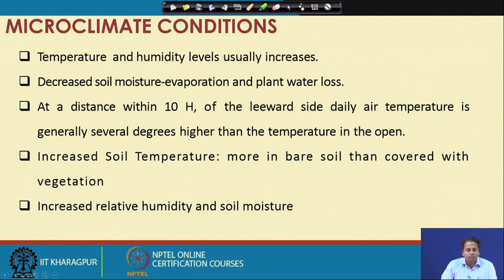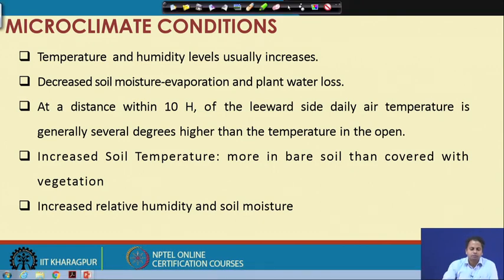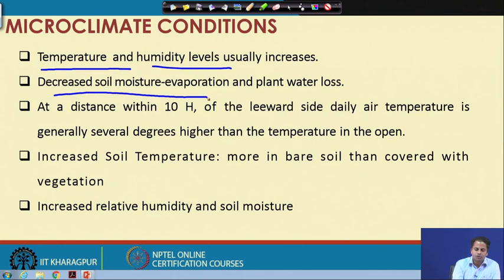Then, modification in microclimate conditions. Because of these shelter belts, the temperature and different meteorological or microclimate variables will get affected. Most importantly, air temperature and humidity will rise. There will be reduction in soil moisture evaporation and plant water loss.